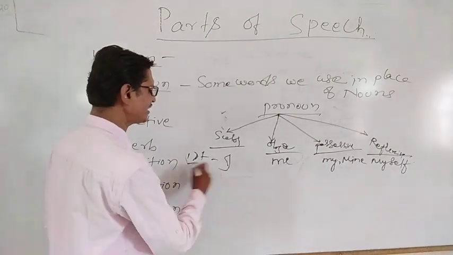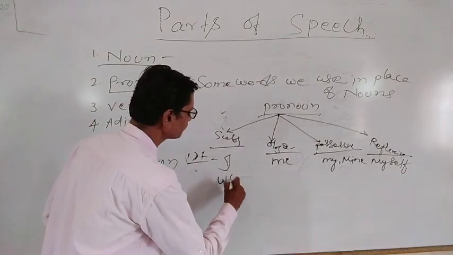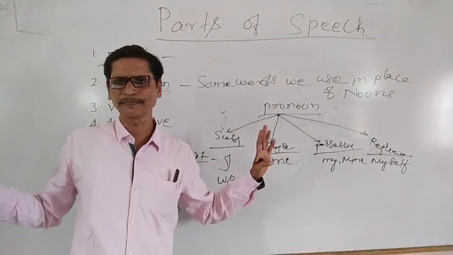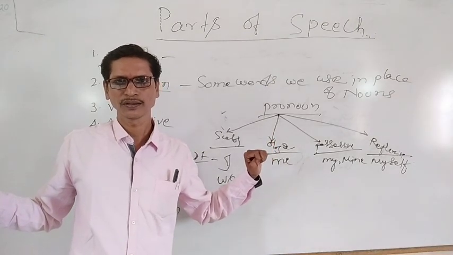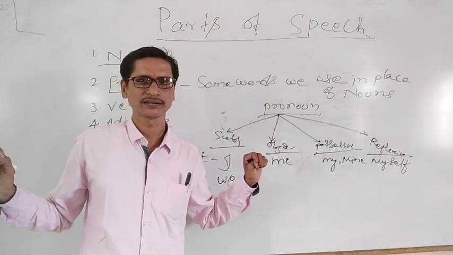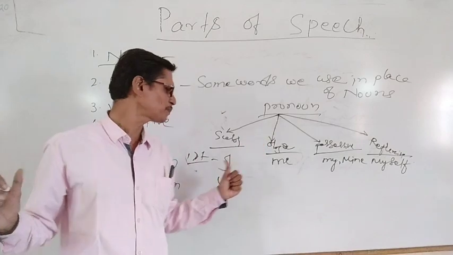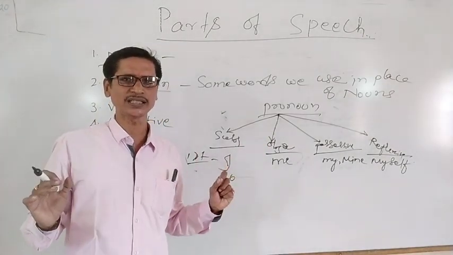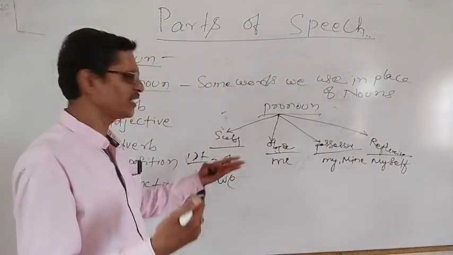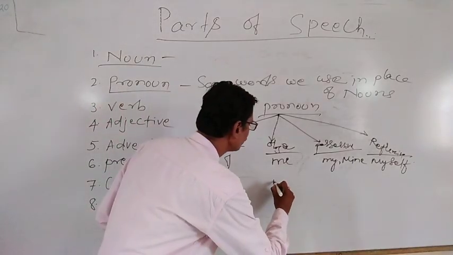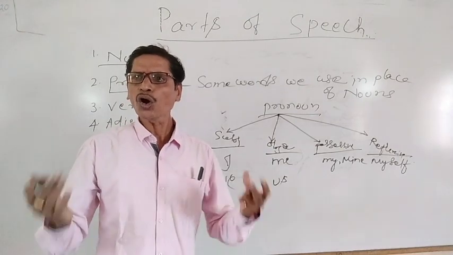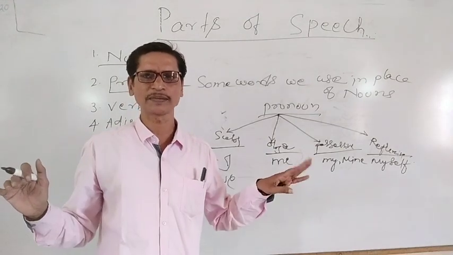Similarly, the first person includes we. We are good students. We don't disturb in the class. We play in the playground every day. So while using this pronoun we use it as a subject. Similarly, if we want to use we as an object, you can say us. Our teacher told us to maintain discipline.